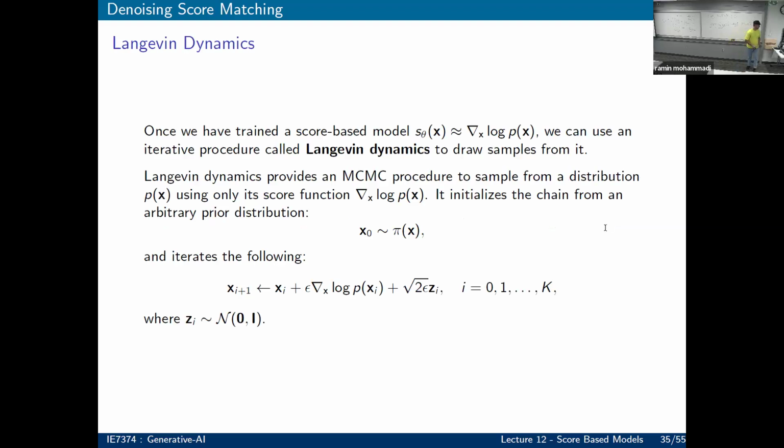Let's go to the previous slide. So epsilon times the output of our model, right? Think of epsilon like a learning rate. What is this term?